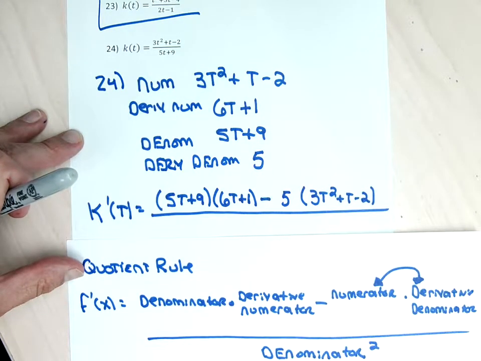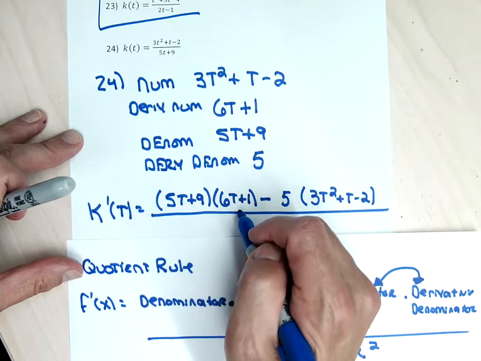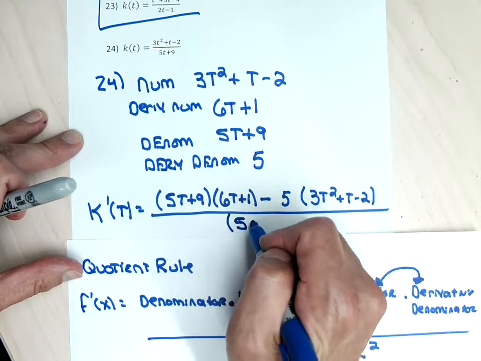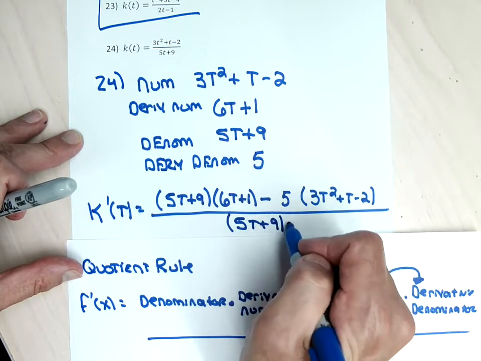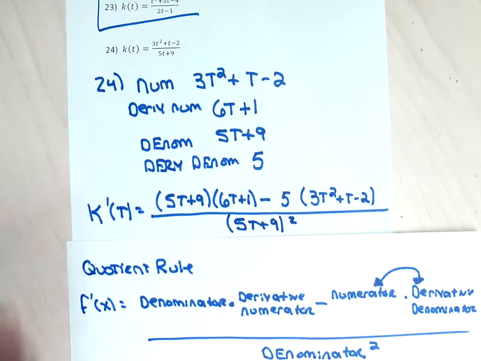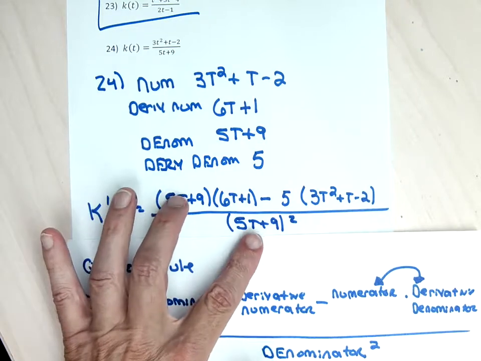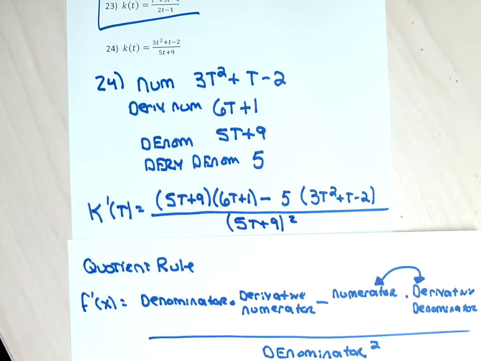So that's the ugly part, and then all over the denominator squared, so all over 5t plus 9 quantity squared. Now I'm just going to clear the parentheses in the numerator and combine like terms. Again, these 5t plus 9s would be illegal to cancel.